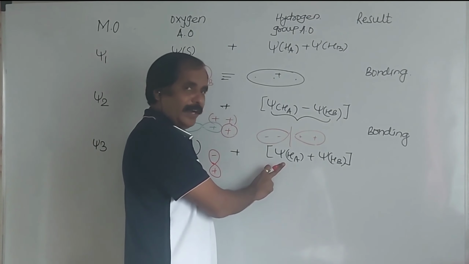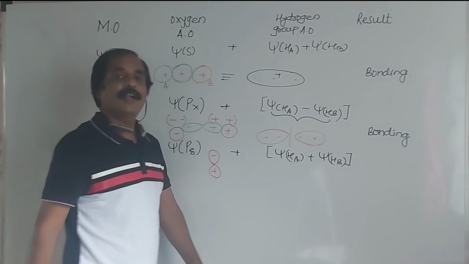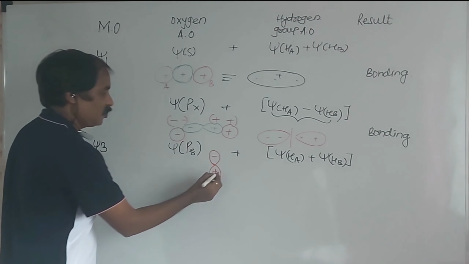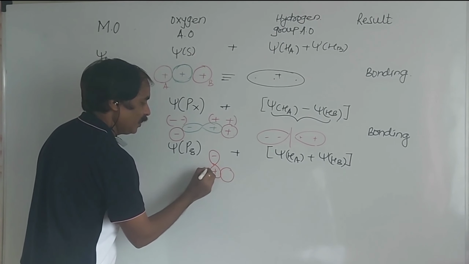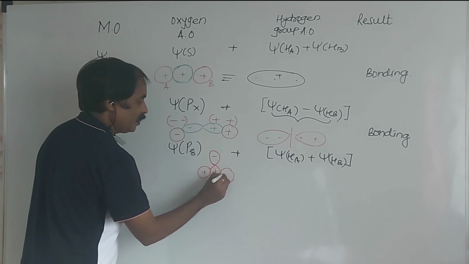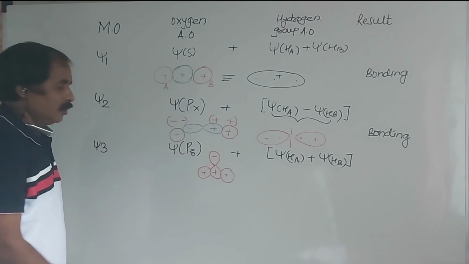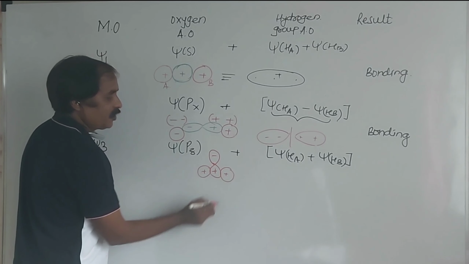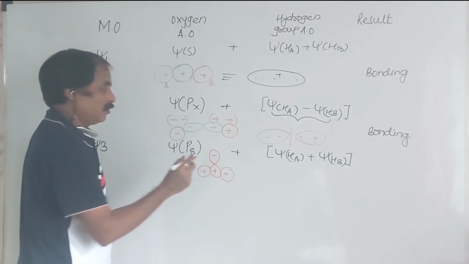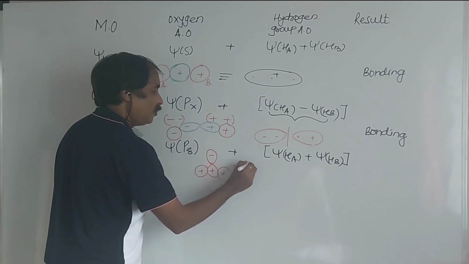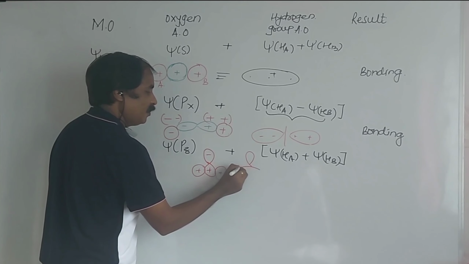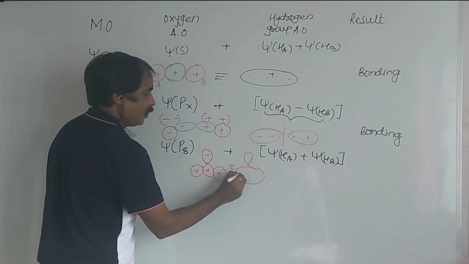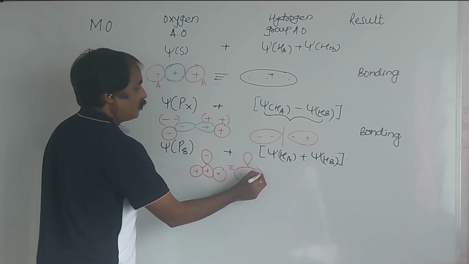Positive wave function of one hydrogen, positive wave function of another hydrogen, here the sign is the same. So here the addition of these two will be like this. Positive, positive, positive. There is addition. Yani, what is the resultant? The resultant picture will be like this. Yani, here it is. This will be what?